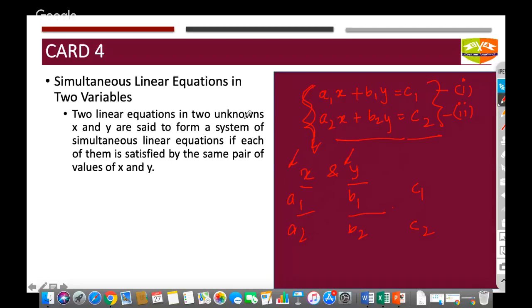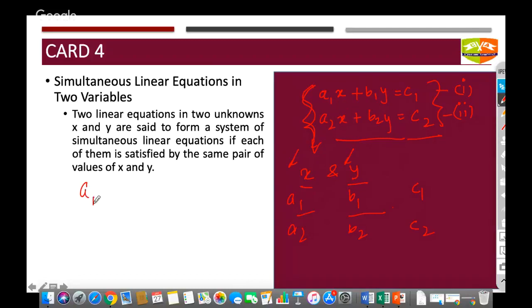So two linear equations in two unknowns x and y are said to form a system of simultaneous linear equations if each of them is satisfied by the same pair of x and y. It becomes a simultaneous equation when you have the same value of x and y.